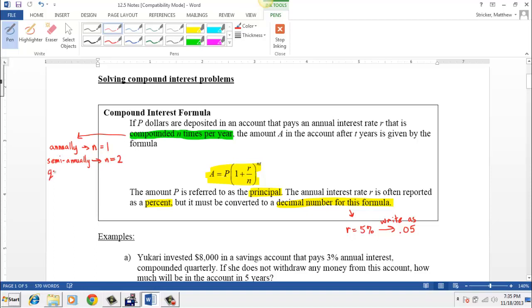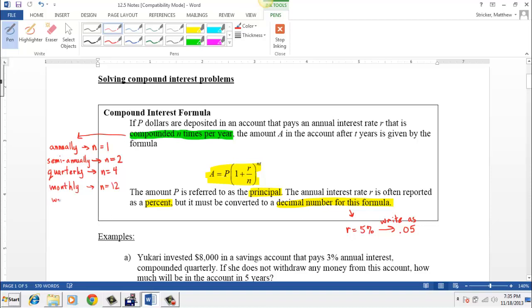If it says quarterly, how many quarters in a year? Should be 4, so that means n is equal to 4. We could say compounded monthly, and there are 12 months in a year, so n would be 12.